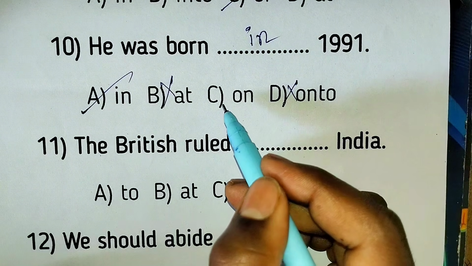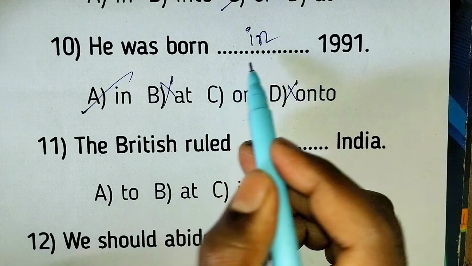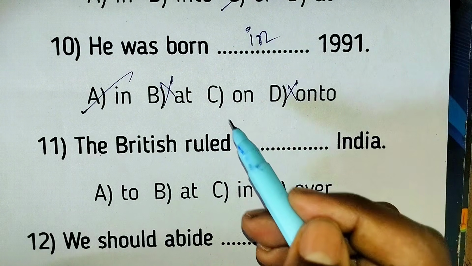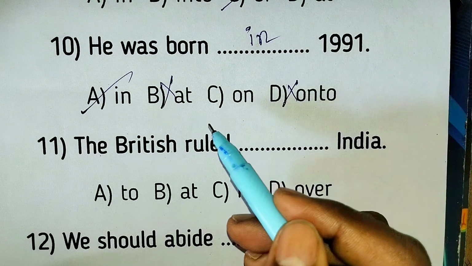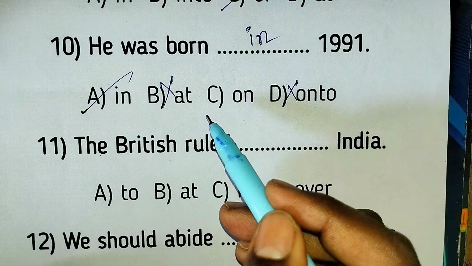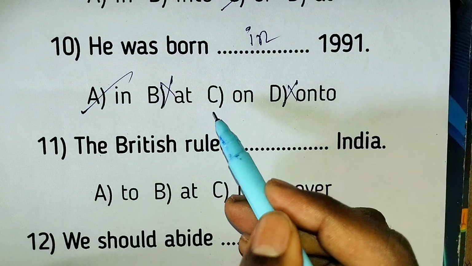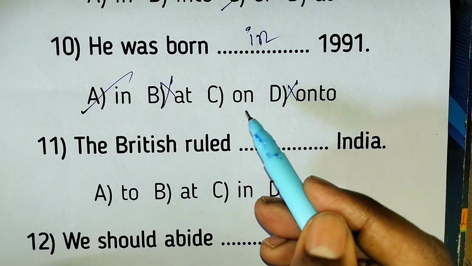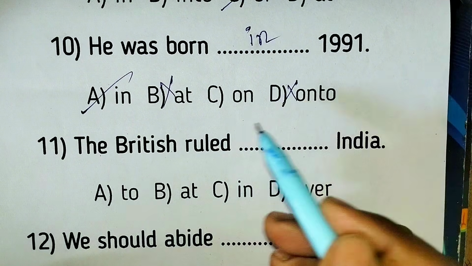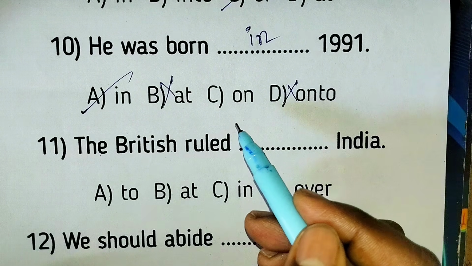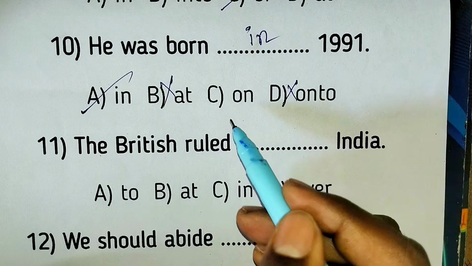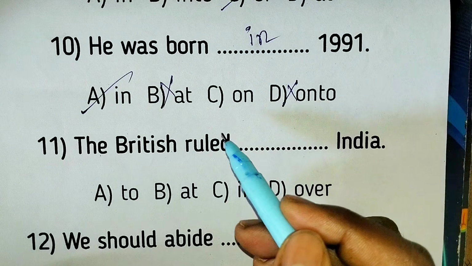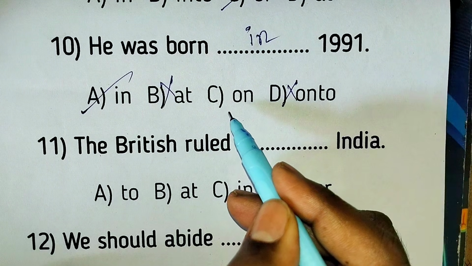But why in, not on? Because in is used with years, months, centuries, or long periods of time. Example, he was born in July. He was born in the 20th century. He was born in 1992. Etc. But if you mention a specific date, you cannot use in. You have to use on.